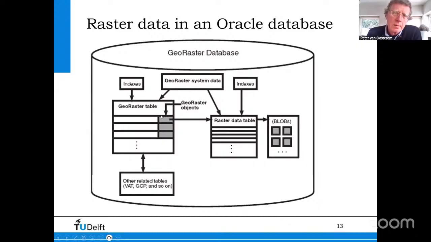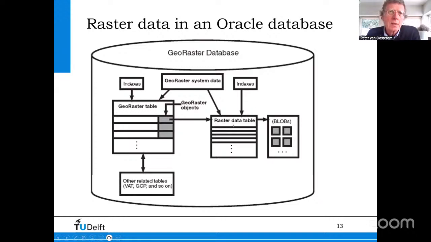Oracle has distributed the solution over 3 tables. In the normal table called the GeoRaster table, they have a column where you can store GeoRaster objects, like you could also have a column to store points or lines. But a GeoRaster object is a little bit of metadata and then a reference to a raster data table.